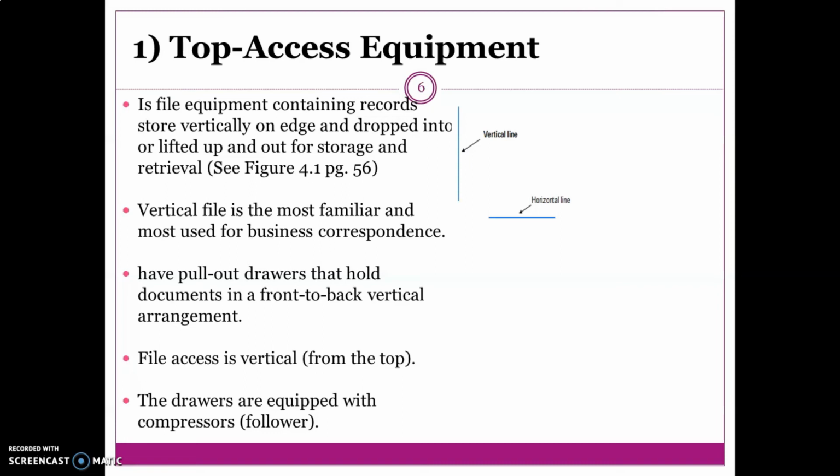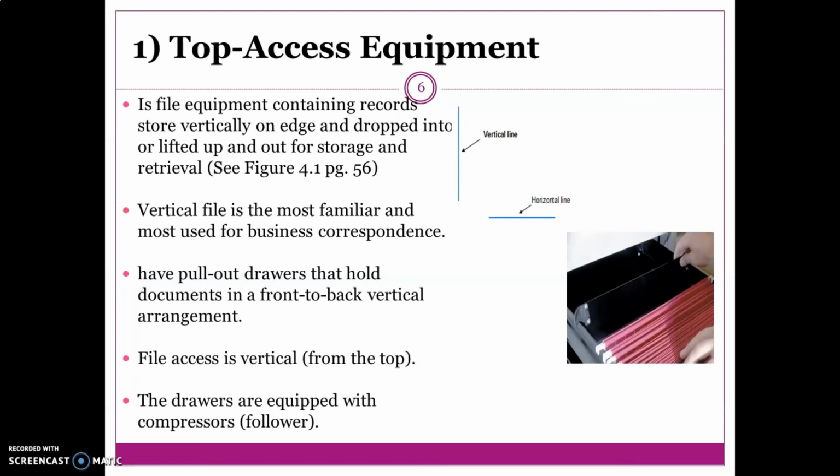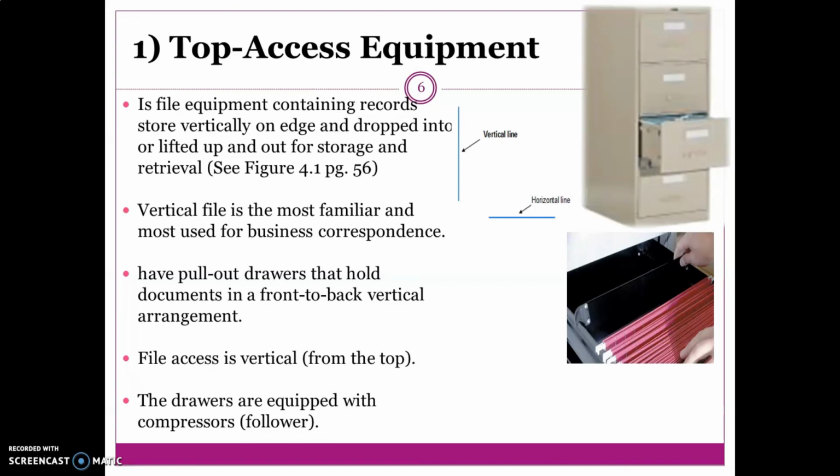Okay, somehow when you buy a new storage drawer, usually we do not fully utilize that particular drawer. So instead we have only a few records in one drawer. In order to avoid the records falling down, we need to use what we call the compressor, which is placed behind the last record in that particular drawer.